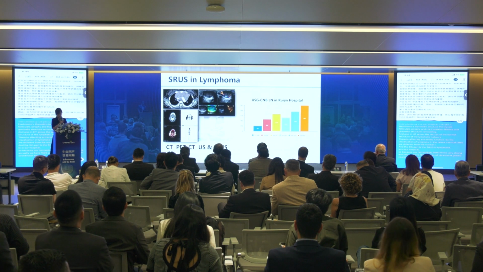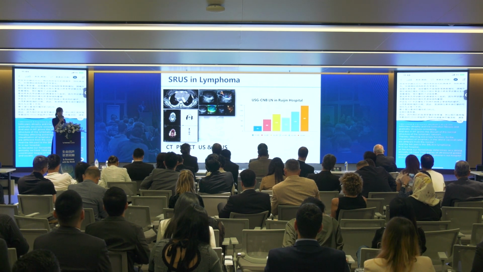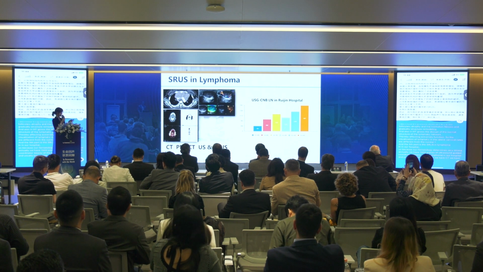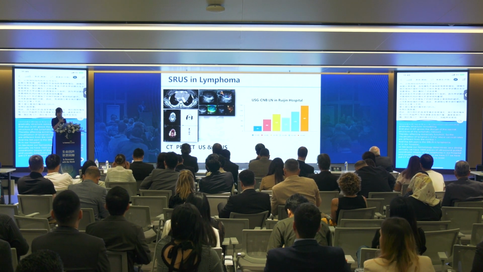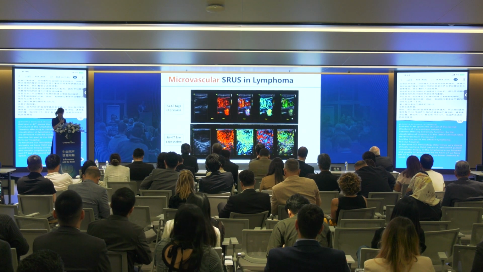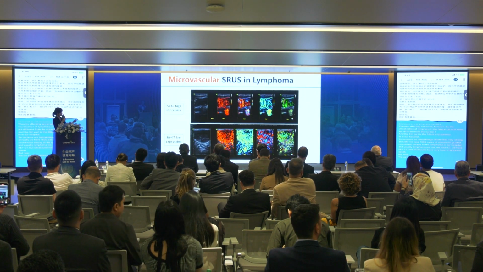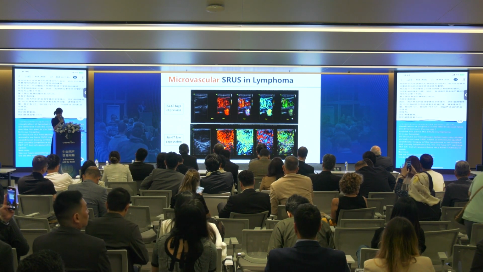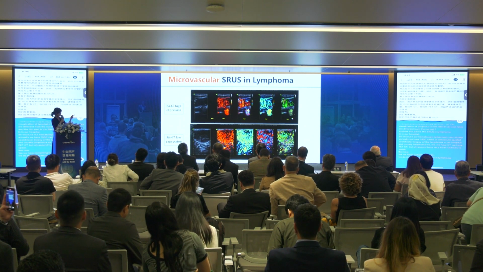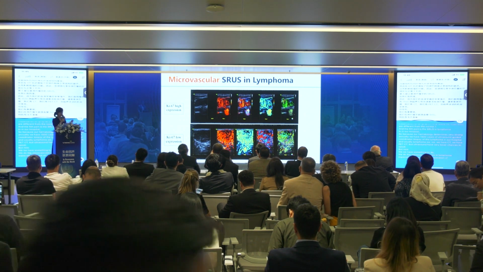Usually for lymphoma we have CT and PET-CT, but ultrasound has very little to say. But now, we have something to do. We do microvascular SRUS in lymphoma, especially focused on the proliferation of NHL.